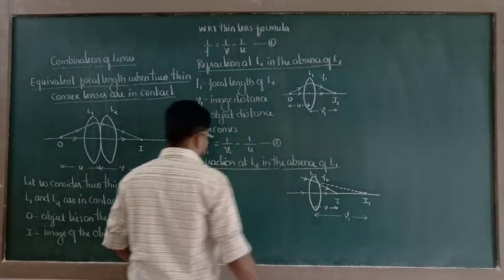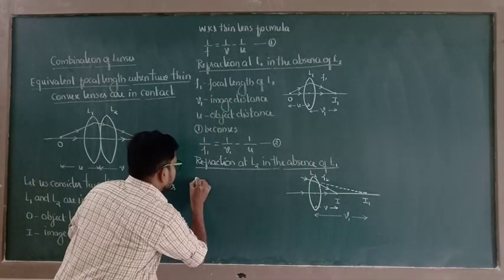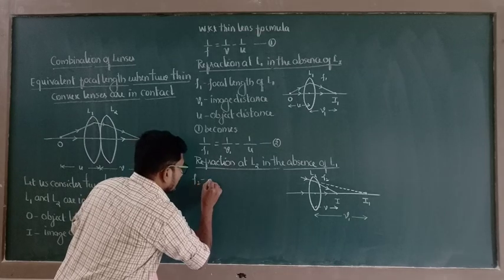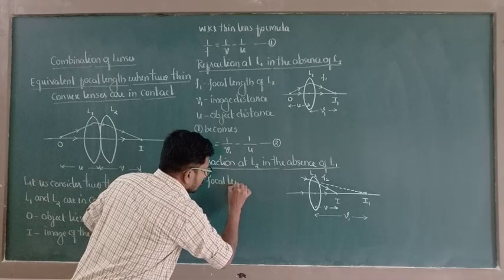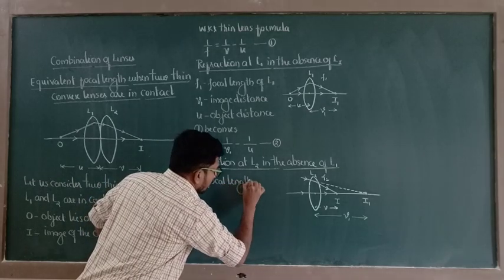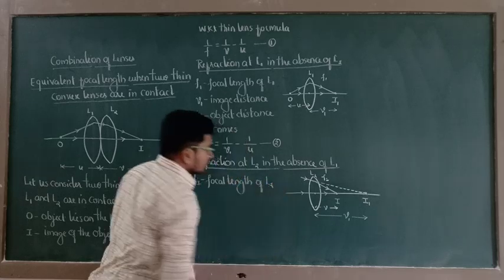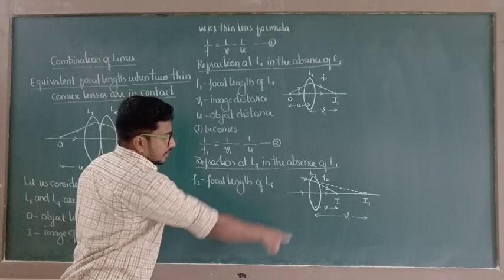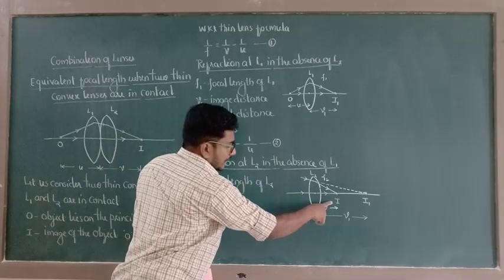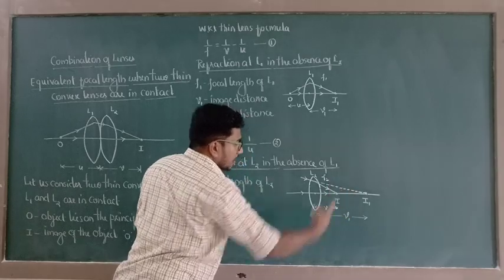Now a brief explanation about this ray diagram. So here F2, focal length of L2. Next we want the image distance. So here I is the image of I1. I1 is a virtual object.